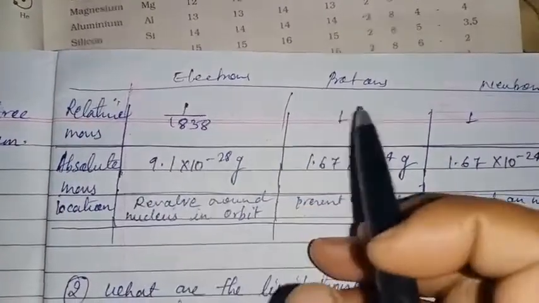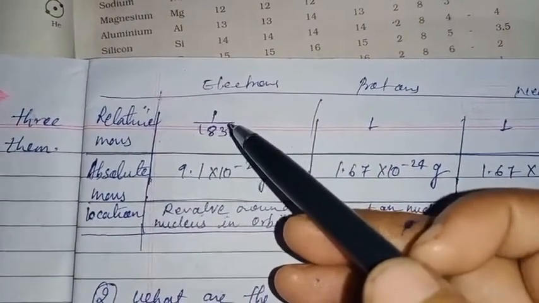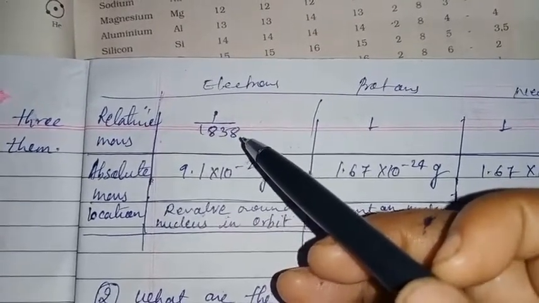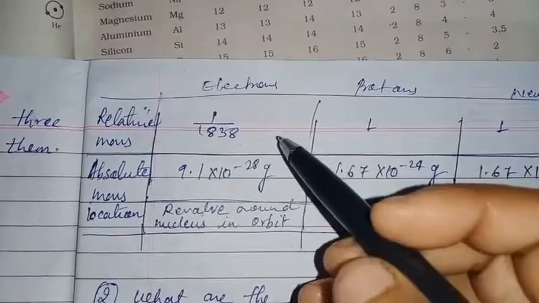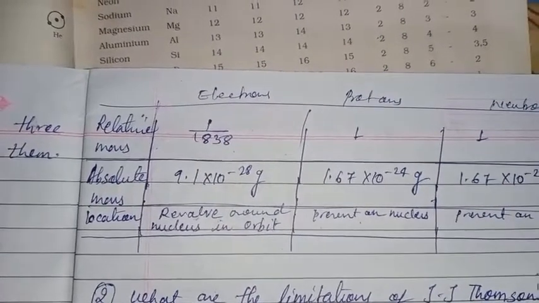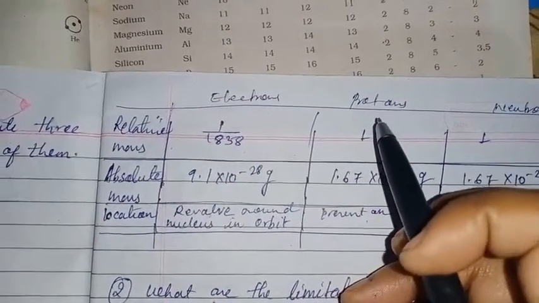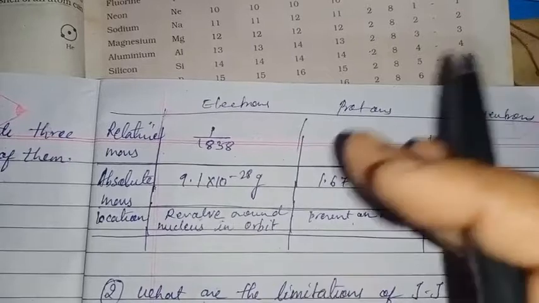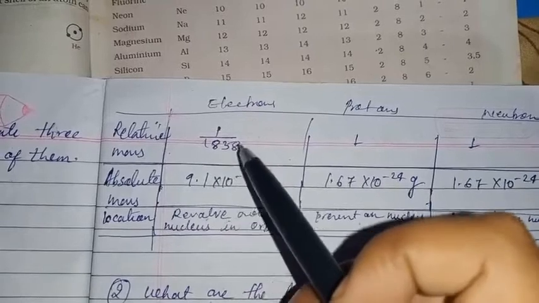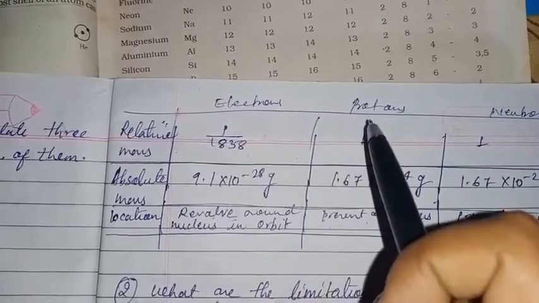Next is comparison of electrons, protons and neutrons with relative mass. You know electron mass is 1 by 1838 times that of proton. As I've already told you, approximately an electron is 2000 times smaller than a proton, but exactly, the mass of one electron is about 1838 times smaller than the mass of one proton.